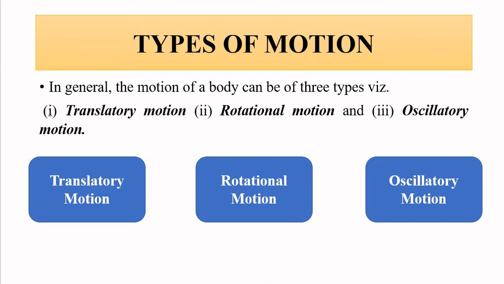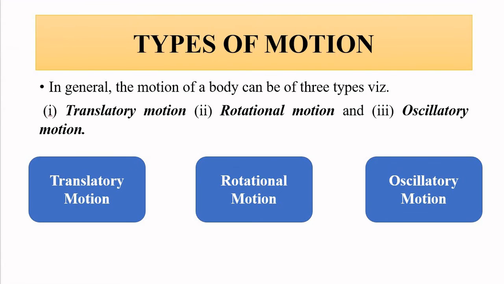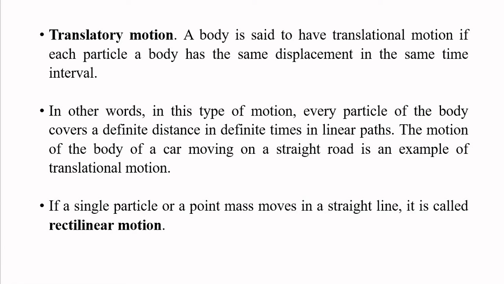Again, we can understand motion in terms of translatory, rotational and oscillatory motion. So a body is said to have translational or translatory motion if each particle of the body has the same displacement in the same time.